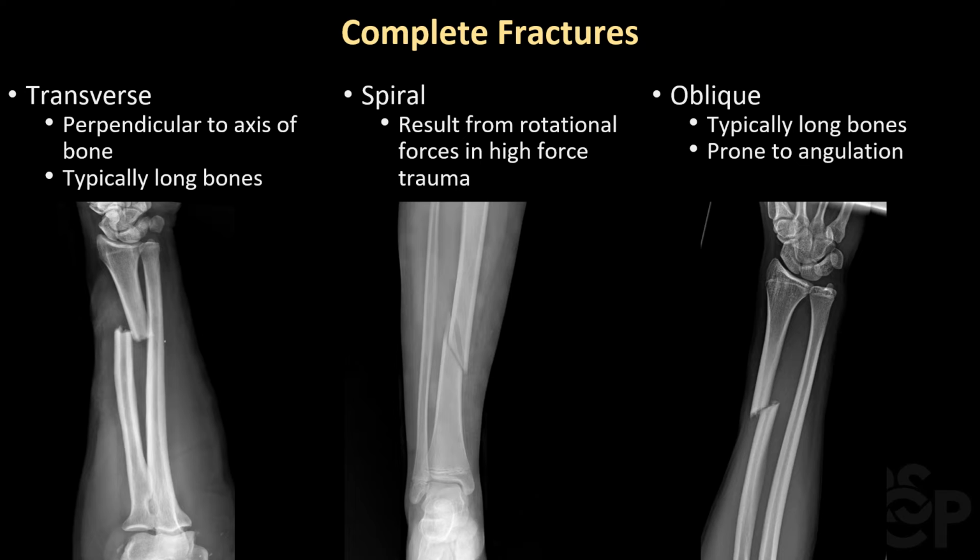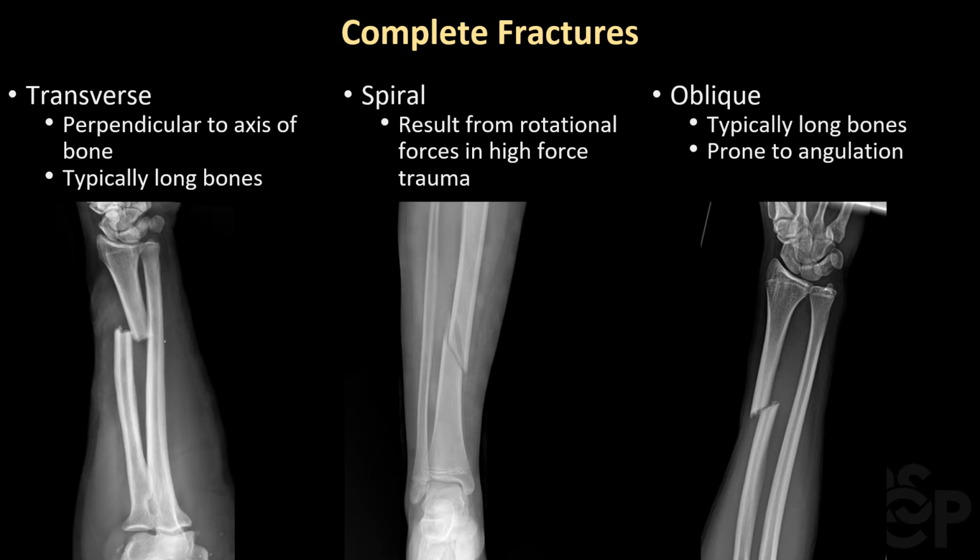A spiral fracture results from rotational forces and high force trauma. So, if your foot gets stuck in something and you twist your leg around really hard, you get a spiral fracture in your tibia, and that's what we see below here. You can see it's a complete fracture. It goes all the way through both cortices of the tibia, and almost always has this spiral shape.